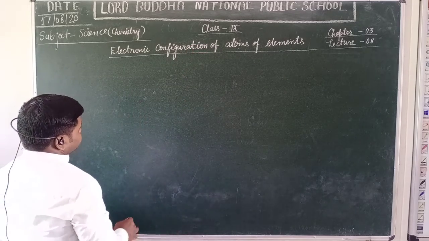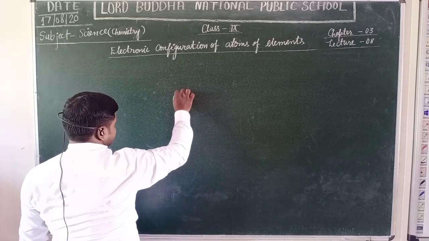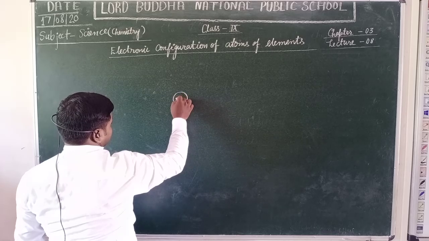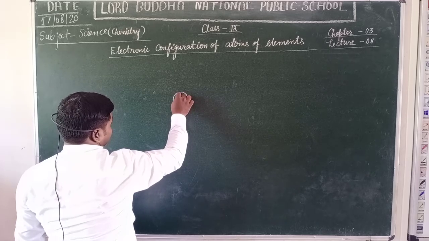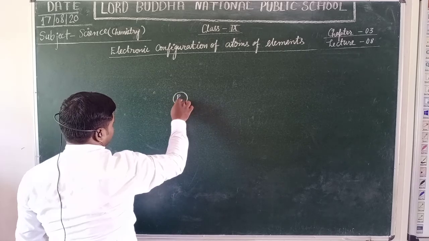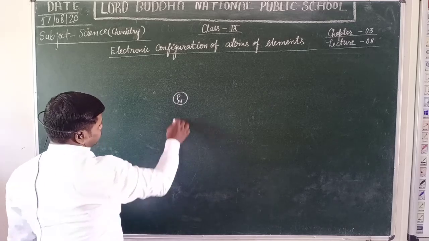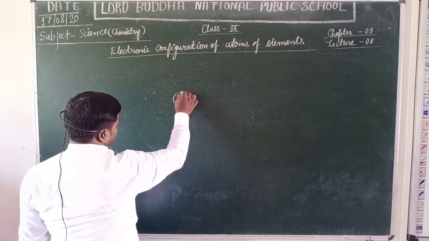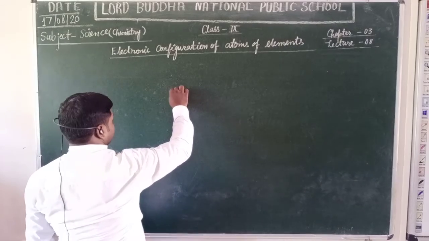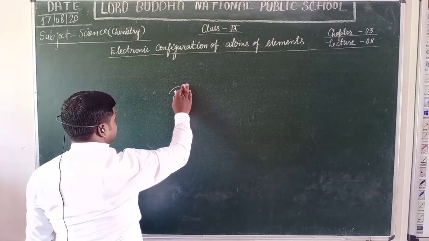According to Niels Bohr, the innermost central part of the atom is said to be the nucleus that contains the protons and the neutrons of the atom. The whole mass of the atom is found inside the nucleus, and around the nucleus there are spherical orbits.